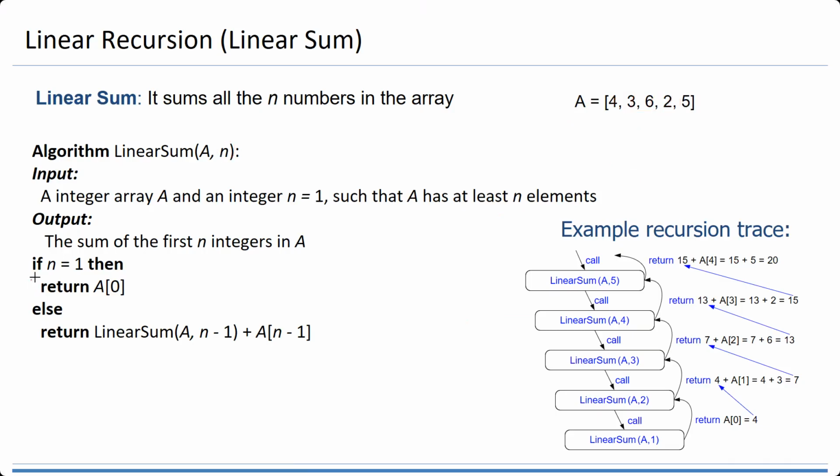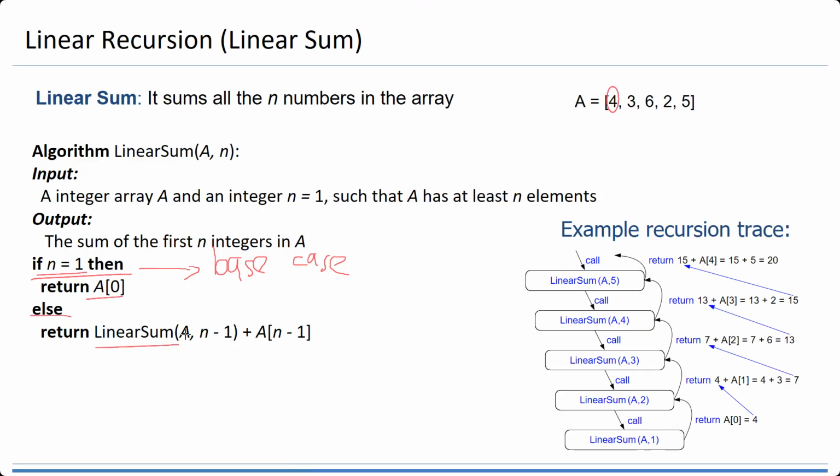Now the algorithm works like this. We have the base case. The base case means I'm going to stop when n equals 1. When n equals 1, return A[0]. A[0] means the first element. Otherwise, let's do the linear sum.